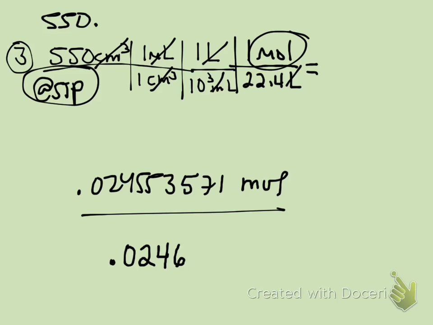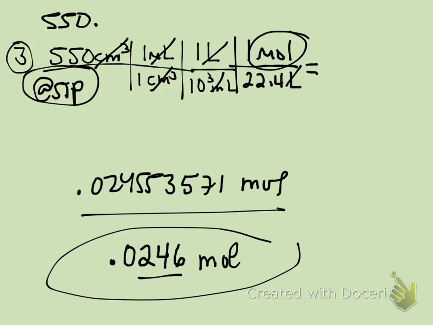That's 3 sig figs. Leading zeros are not significant, remember? Leading zeros are not significant. So that's 3 sig figs. So 0.0246 moles. You could always express it in scientific notation if you wanted. So, okay. Not bad.